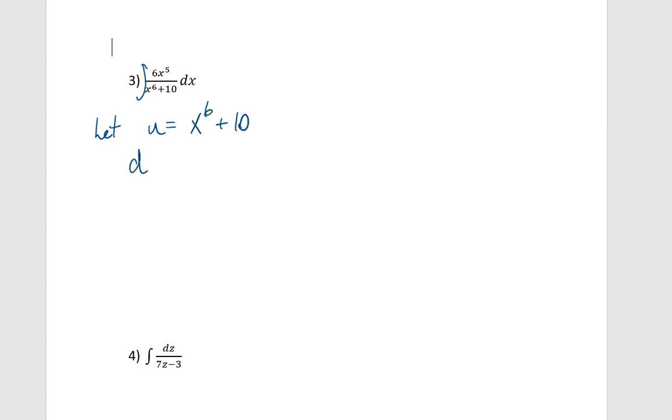Now when we take the derivative, we're going to have 6x to the fifth dx. So we don't have to do any fancy footwork now. All we have to do is a direct substitution. So this top part, 6x to the fifth dx, that's going to become du divided by, and that entire bottom part is going to be u.